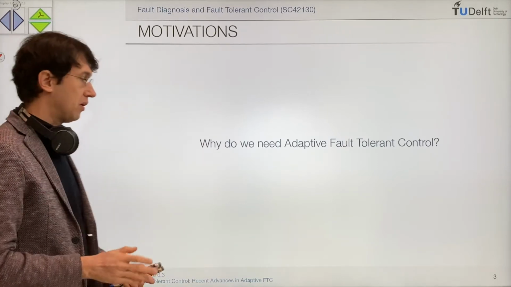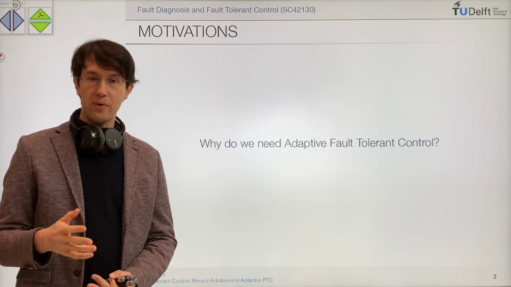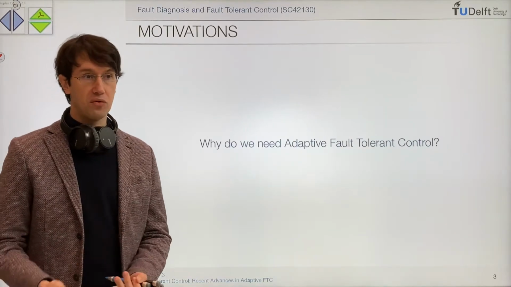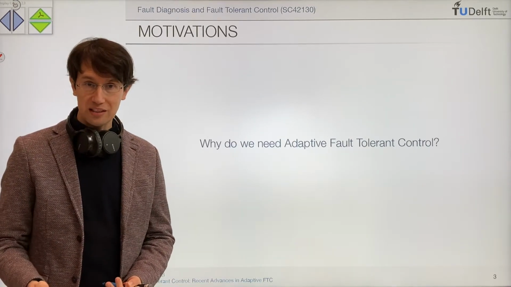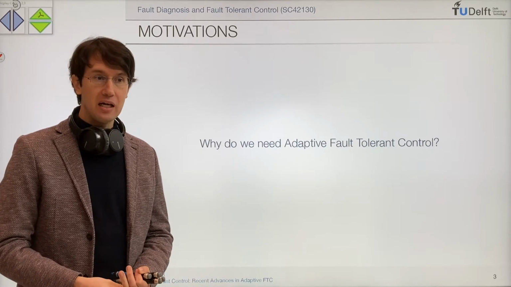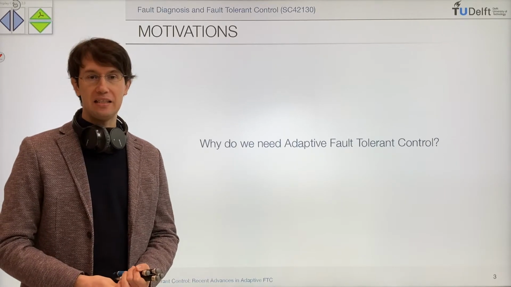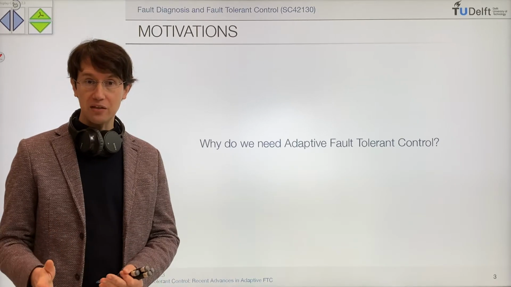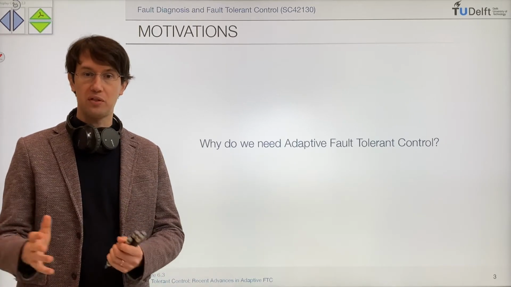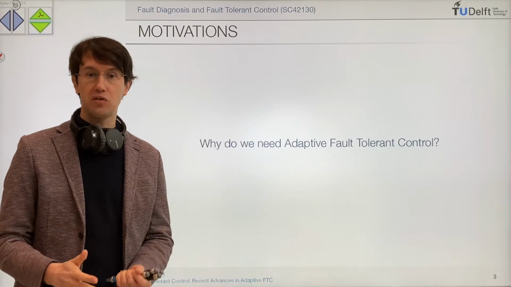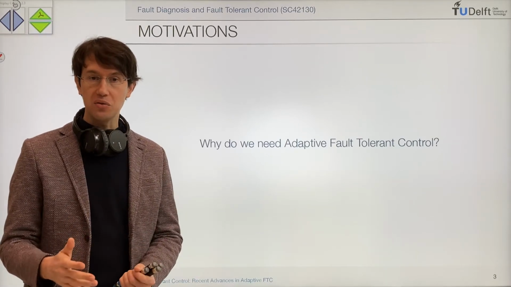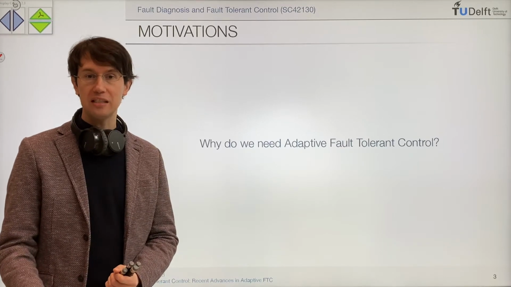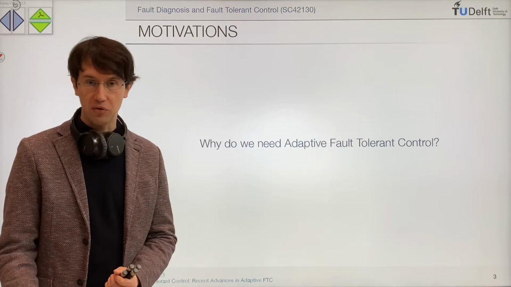So first of all, we already presented in previous lectures some technique for fault tolerant control that were based on so-called active approaches. So approaches where you have a fault diagnosis step telling you which fault happened, and based on the knowledge of which fault happened, you know how to explicitly design a controller that is accommodating that fault.